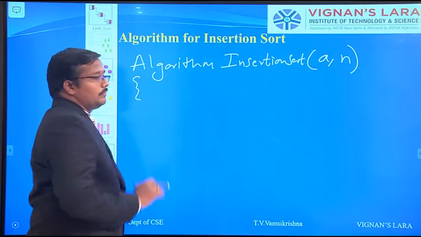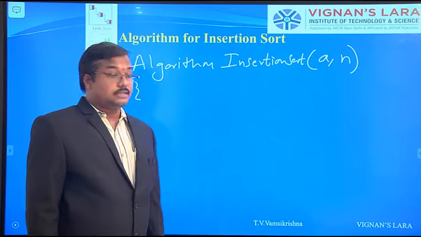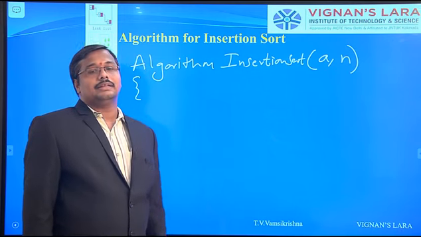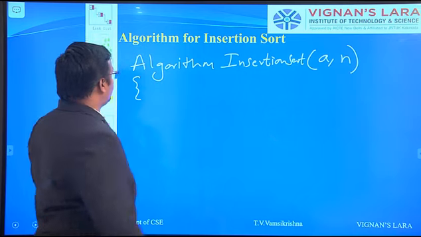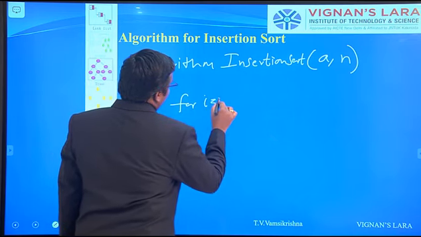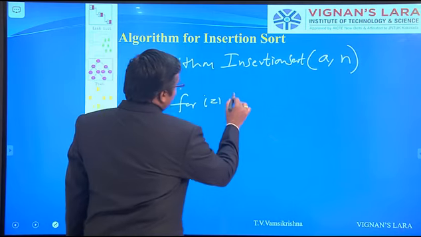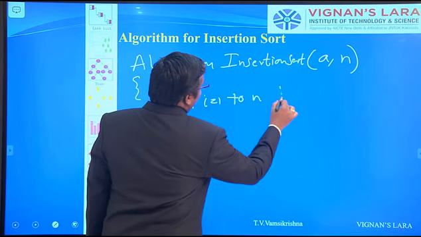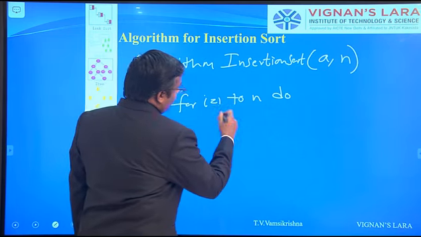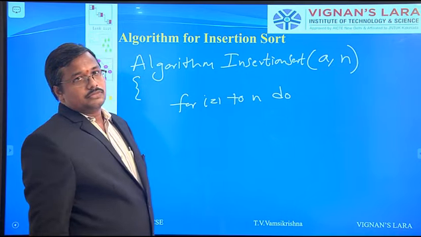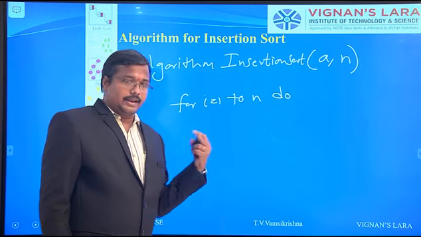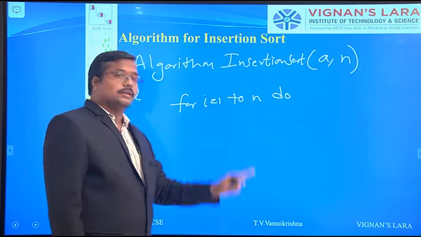The next case, what we have to do: first we need to traverse the array, which means we have to write a loop for that. For I is equal to 1 to n do. Here you can write I is equal to 1 to n or 0 to n minus 1. The array index by default starts from 0 to n minus 1. Say the array index starts from 1 to n.